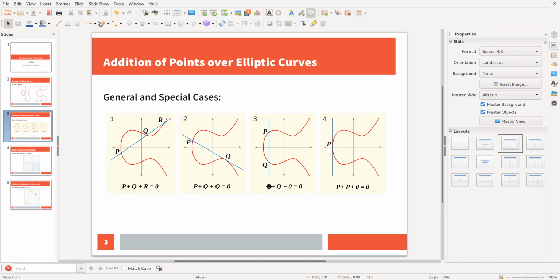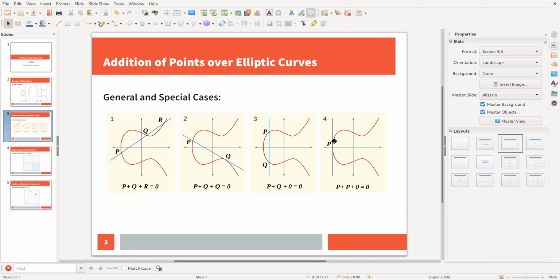Or we may, for example, pass a straight line vertically through the leftmost point P in the curve. In this case, actually, it is not a single point P, but a double point, P and P itself, because the line in this case is tangential to our curve, and therefore any tangential point counts twice.